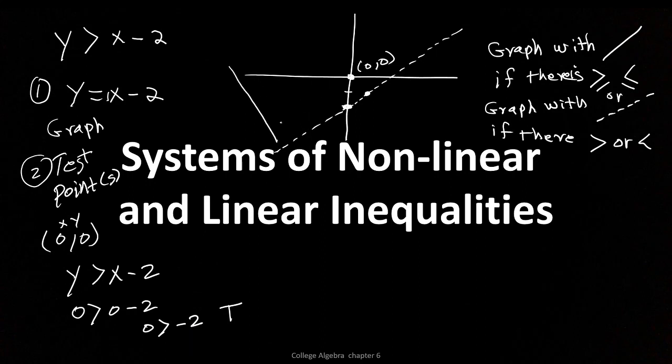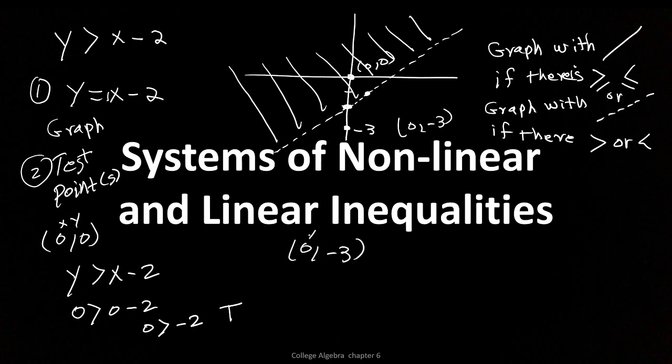So that means we shade on this side, right? Now, what about a point on this side? Well, let's see. This is negative 2, right? So this point for sure is on this side. So we're going to pick what? 0, negative 3 for the test point. 0, negative 3. This is x, this is y.